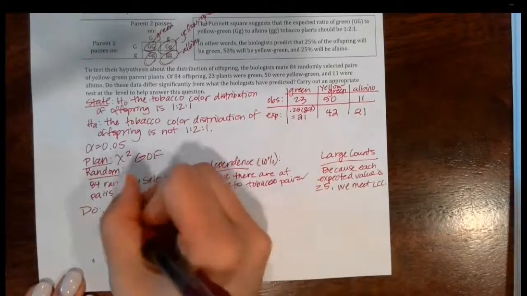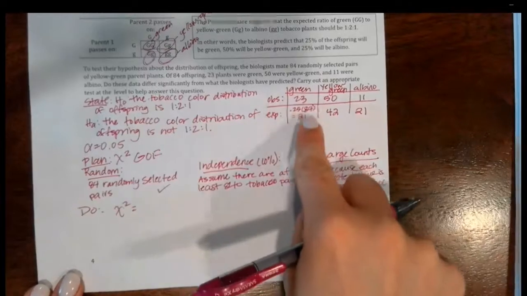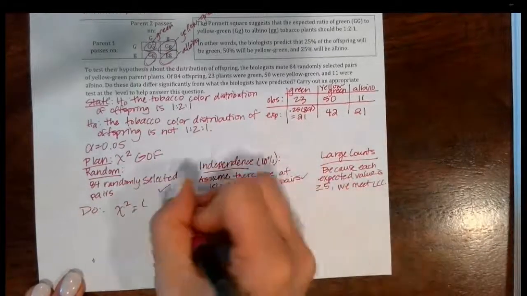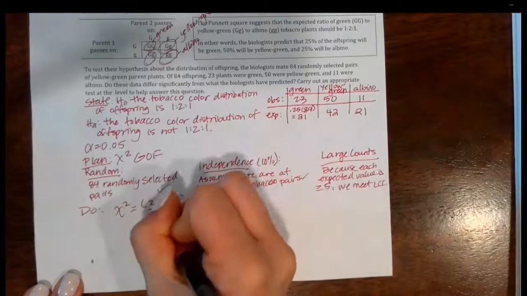All right, so chi-squared, it's really easy to do. We're going to do our observed minus our expected, squared, divided by the expected.